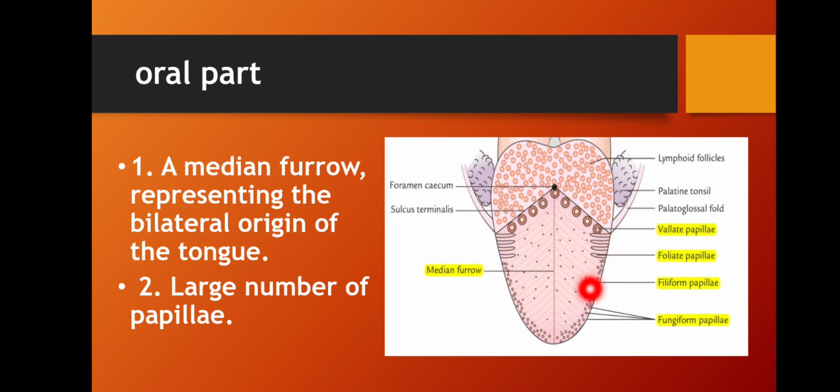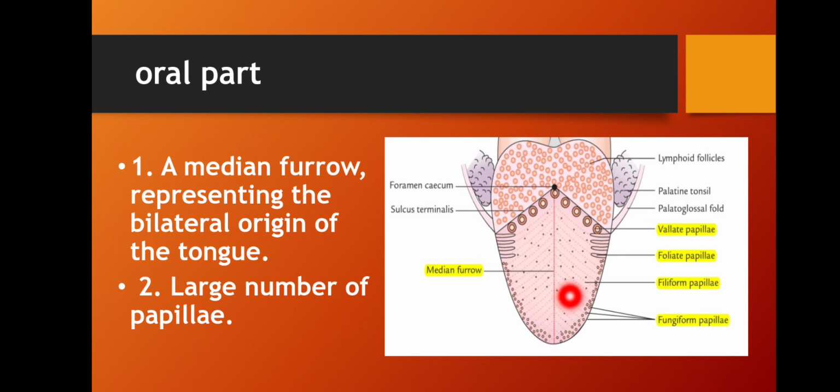And the filiform papillae. These papillae are abundant on the dorsum of the tongue. And next we will see the last type of papillae, that is fungiform papillae. So the fungiform papillae are present at the margins of the tongue.